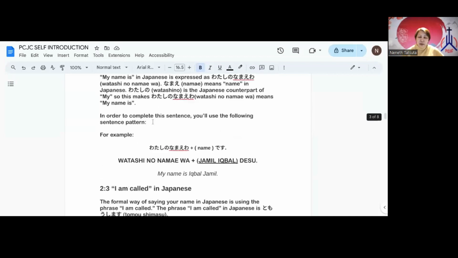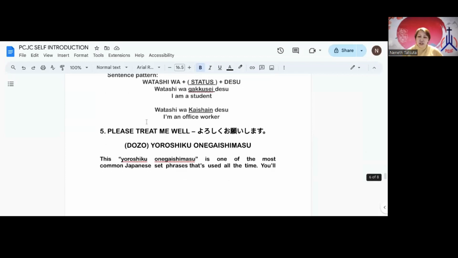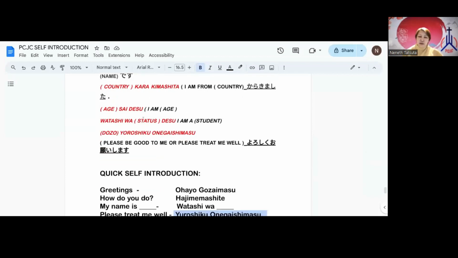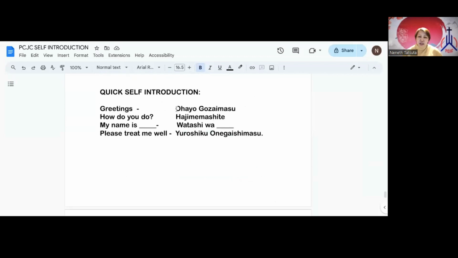But, for example, in an informal or casual situation, where you are just introduced by a friend to her or his friend, then you can only have this. Ohayo gozaimasu, hajime mashite, Neneth desu, yoroshiku onegaishimasu can be good also.